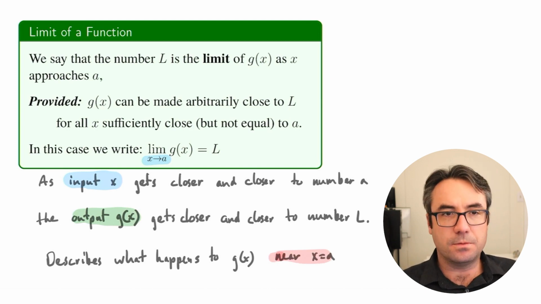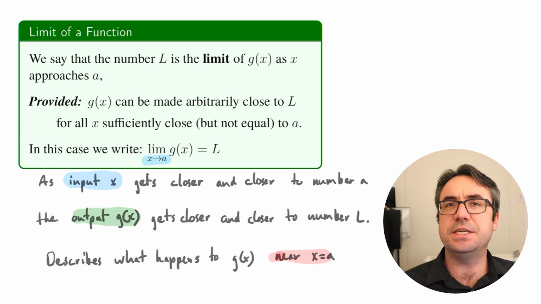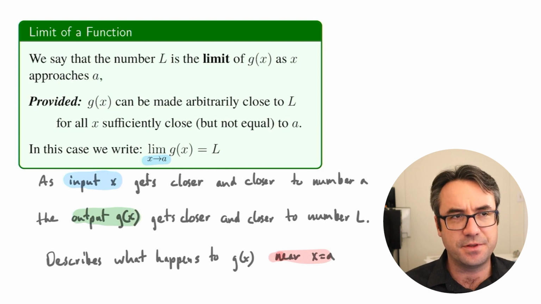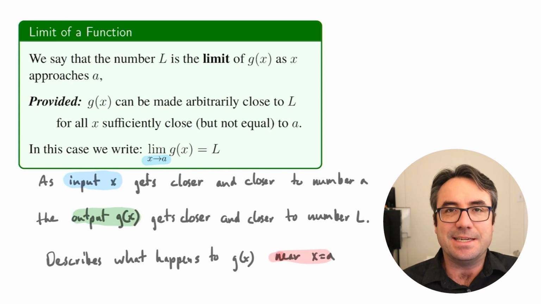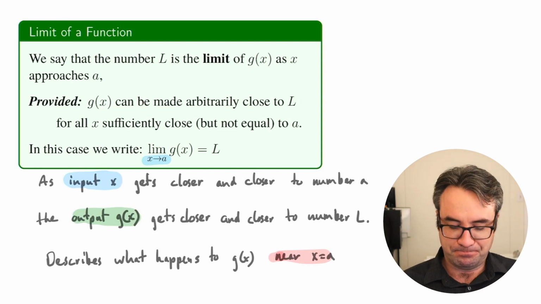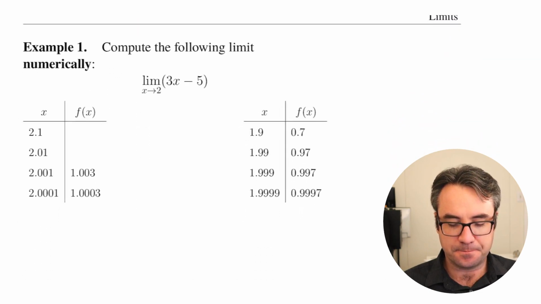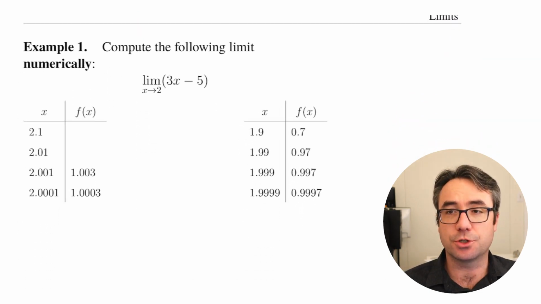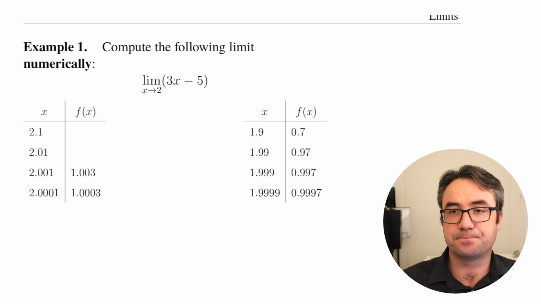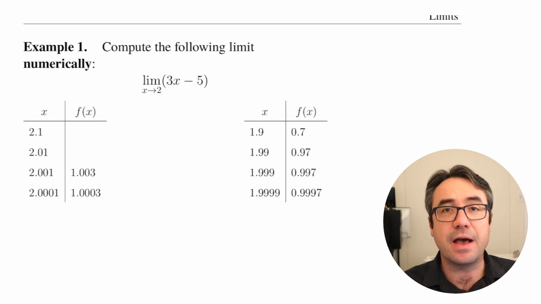All right, so let's see some examples of this limit idea in applications. Let's start with the numerical approach, and the way we do this numerically is with a table of values.